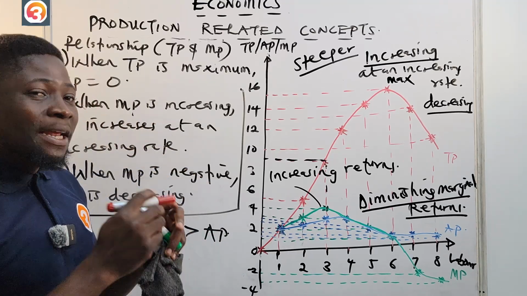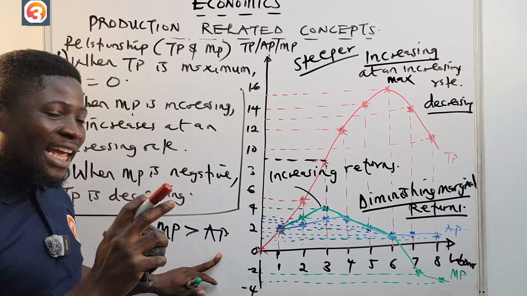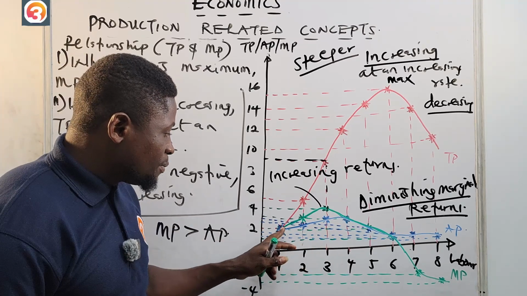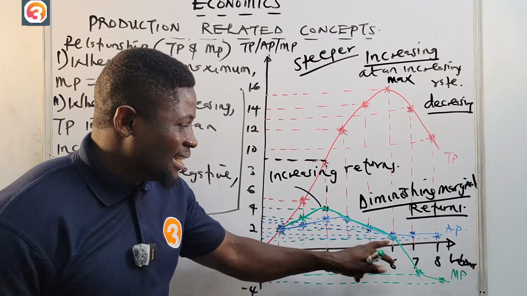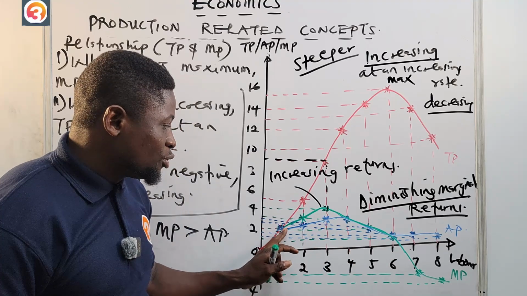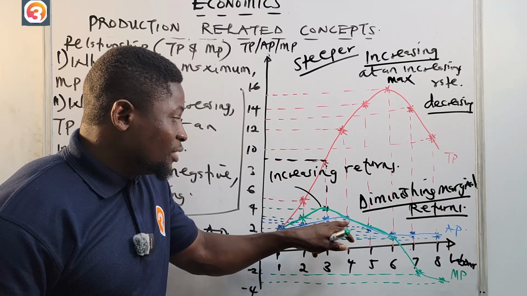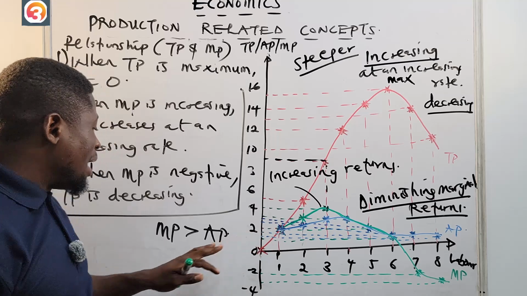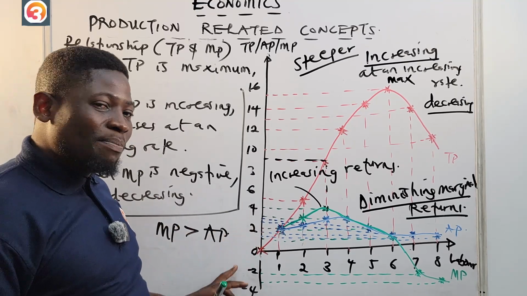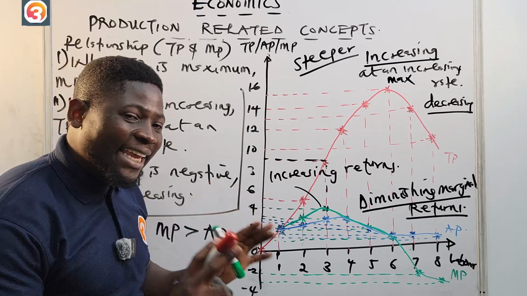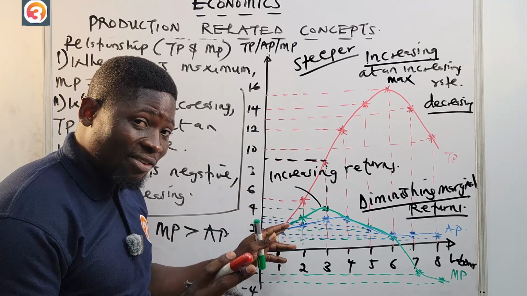Like you can see from the curve, MP is greater, it's going up, until it gets here and starts declining. AP also continues to increase until it crosses it. So at any point that MP is greater than AP, AP will also be increasing. Are we clear from the graph?